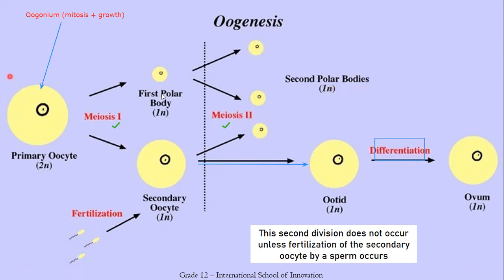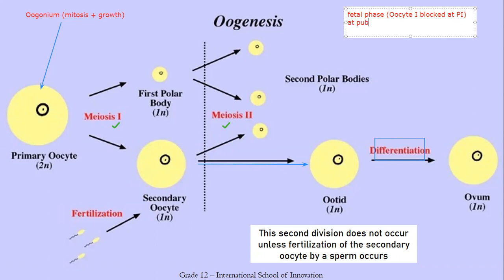Okay? So I will repeat, this oogenesis happens in 3 phases. We have the fetal phase when the female is still in her mom's body, and all females are born with oocyte 1 blocked at prophase 1.